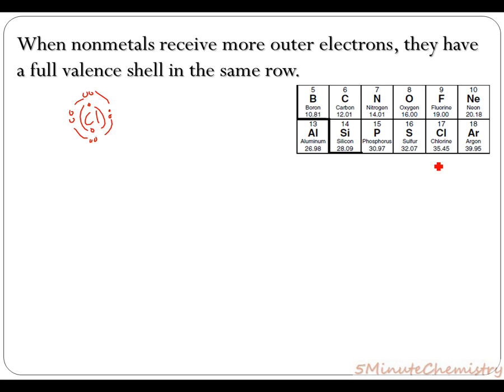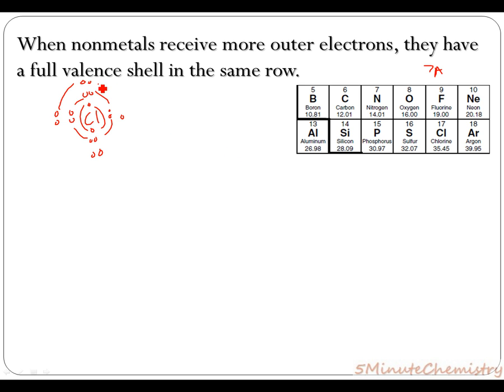But the last shell, you notice this is going to be in group 7A. If it's in group 7A, what that indicates for us is it has 7 electrons on the outside shell. So I only have 1, 2, 3, 4, 5, 6, and 7 electrons there.